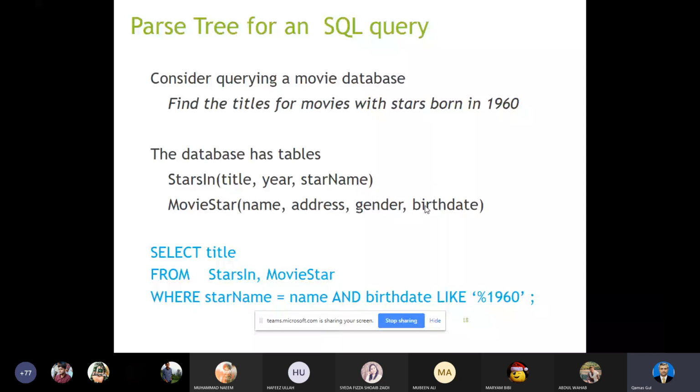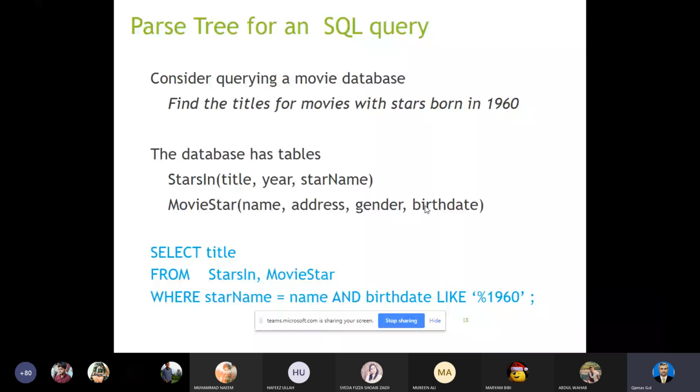Now, in further detail, you have another table that is named movie star. For the movie star, you have the name of the star, address of the star, gender of the star, and his or her birth date. Now, how will you write this SQL query? The SQL query will work with these two tables like this: select title.